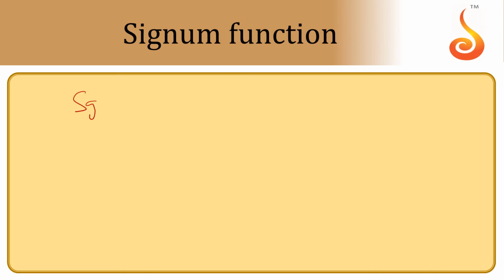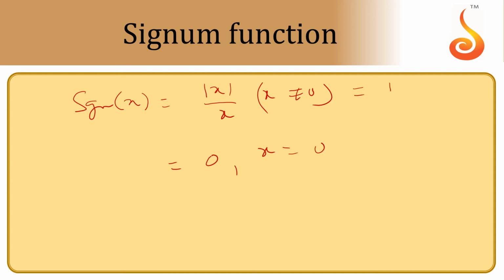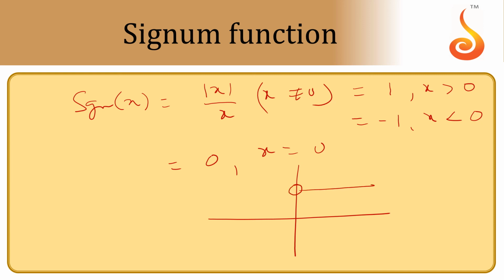Signum function. Signum of x will be mod x by x if x not equal to 0, and 0 if x equals 0. So this we can further write as 1 if x is greater than 0, minus 1 if x is less than 0. So the signum graph will be a ray from 1 (1 won't be included), a ray at minus 1 on the left side, and the origin.